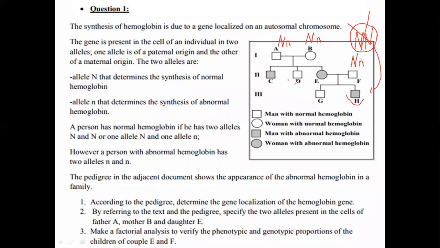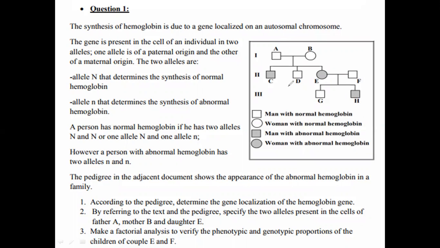What do you think about D? Yes, what do you think about the genotype of individual D? Because individual D is normal, and normal can be expressed in the case of homozygous and heterozygous.